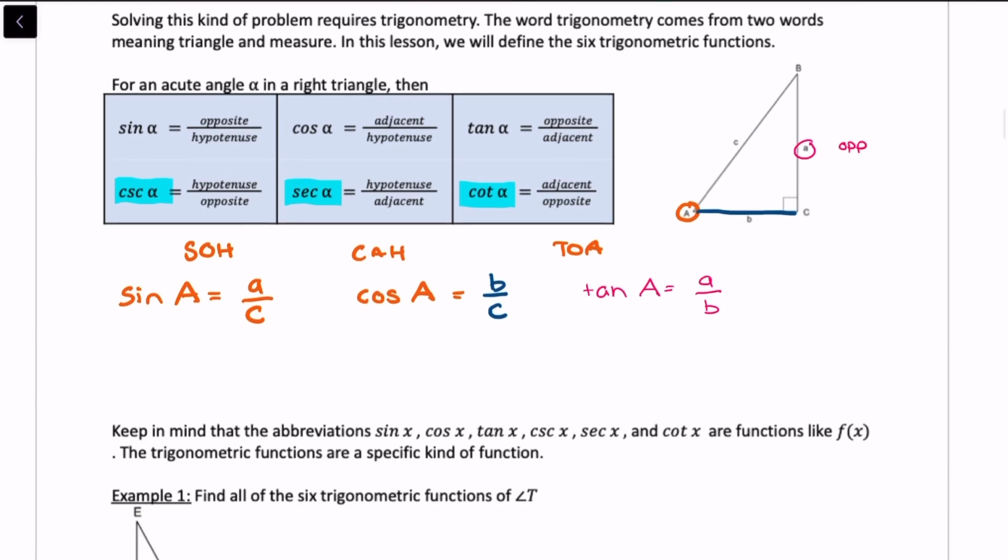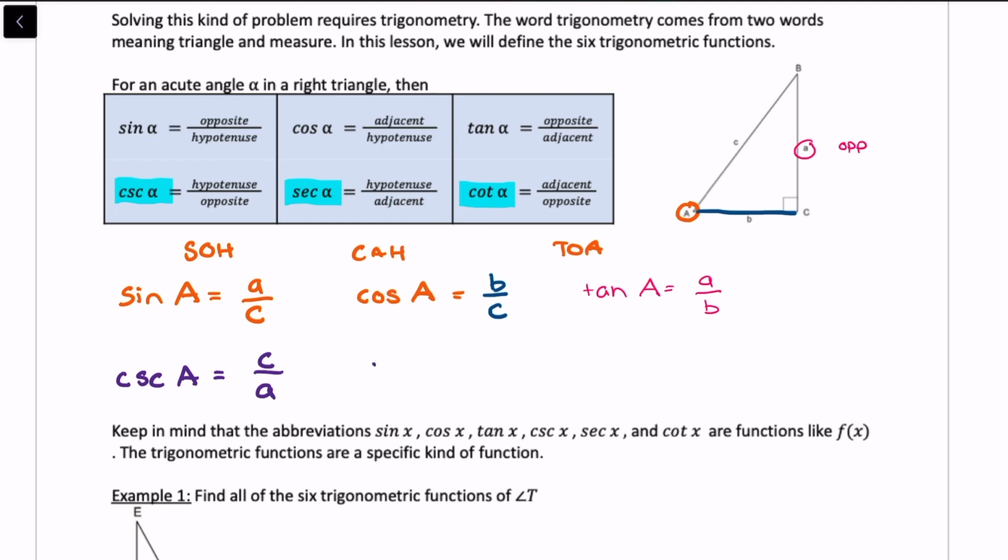Now, the cosecant of those angles would be just the reciprocal of sine. And sometimes it's easier to cross multiply or solve a triangle if we use the cosecant.